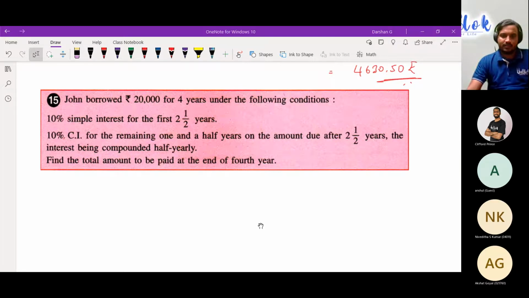After that, it will change to compound interest for the next 1.5 years. Let me know if you have the answers.